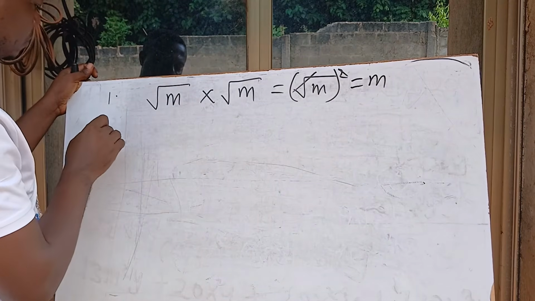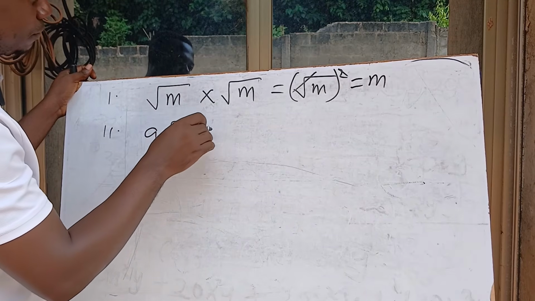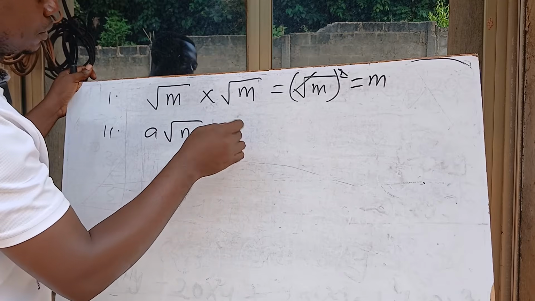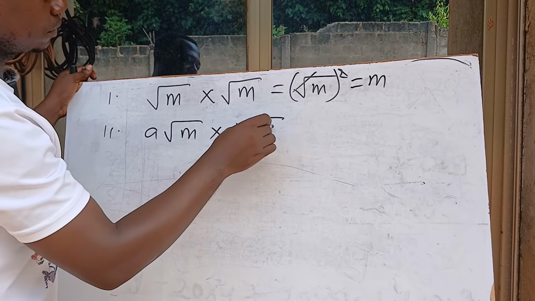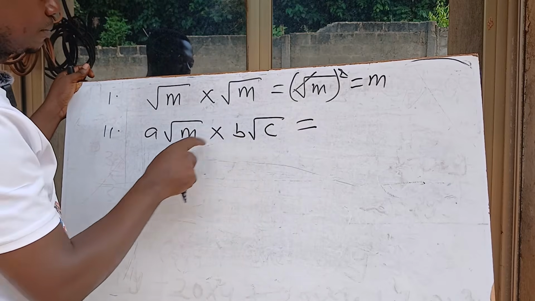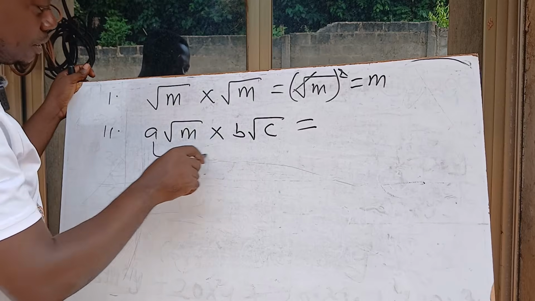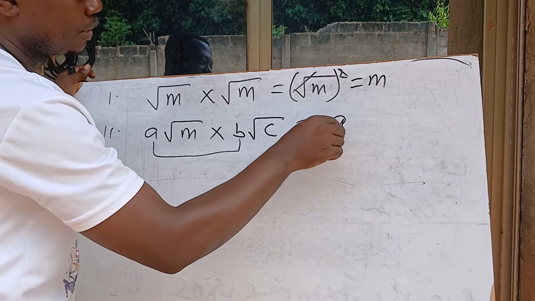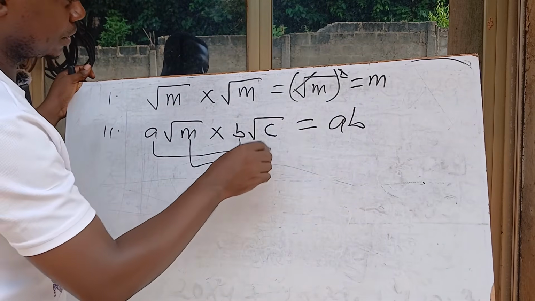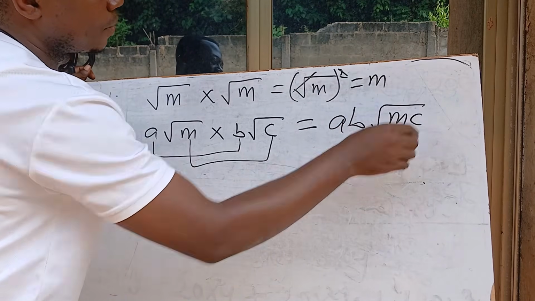Now I also talked about when we have coefficients, okay? So this one and that are not the same, with coefficients. So if it happens this way, this and this will multiply. That will be AB, and this, that is √(MC), that root sign will also multiply.